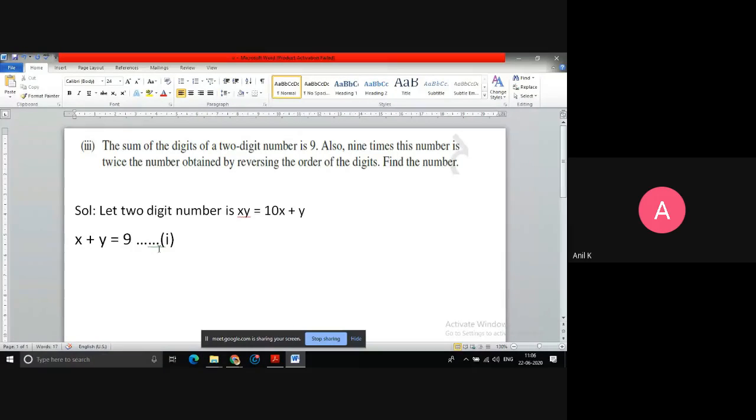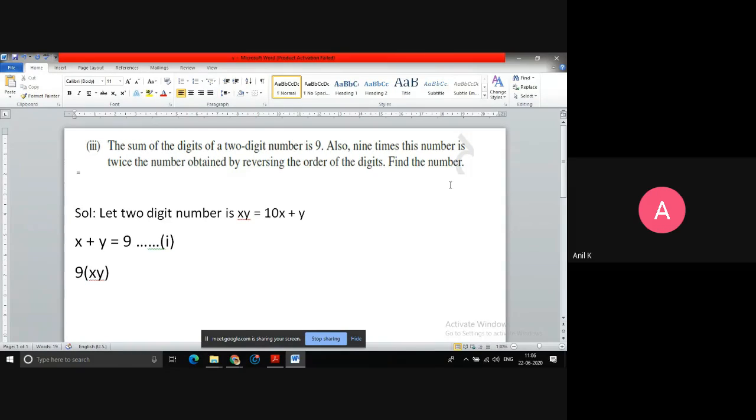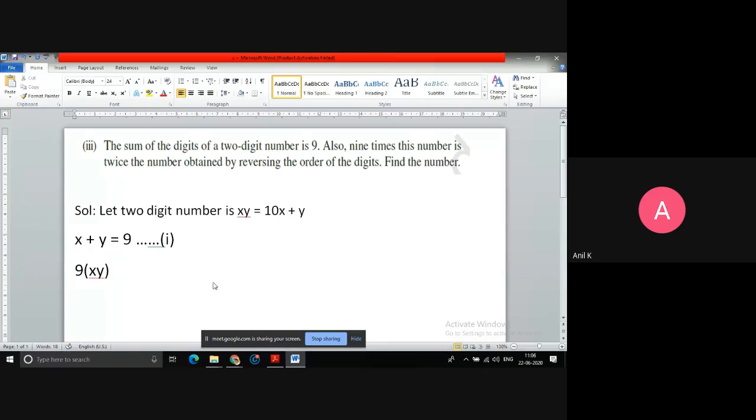Now, what is the second condition given? Also, 9 times this number. Which number? 9 times the two-digit number is equal to twice the number obtained by reversing the order of the digits. Twice means 2 times the number obtained by reversing the digits.